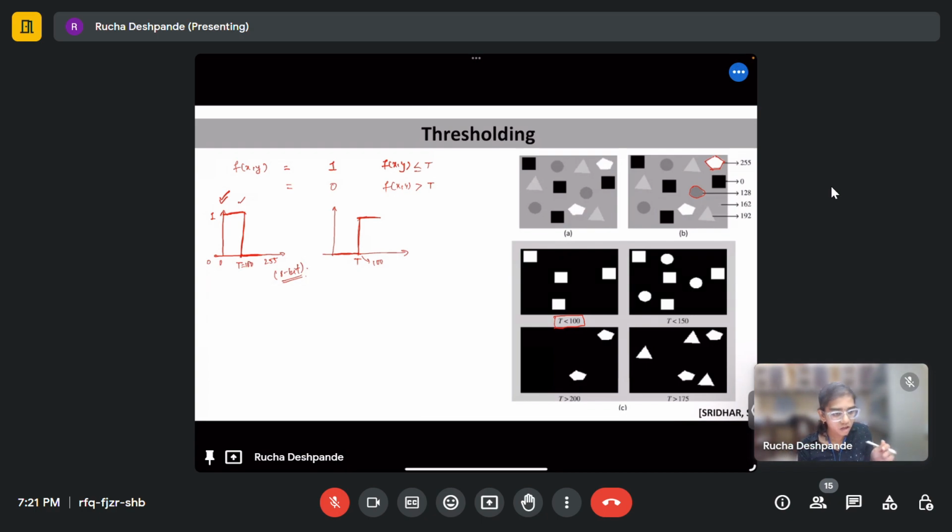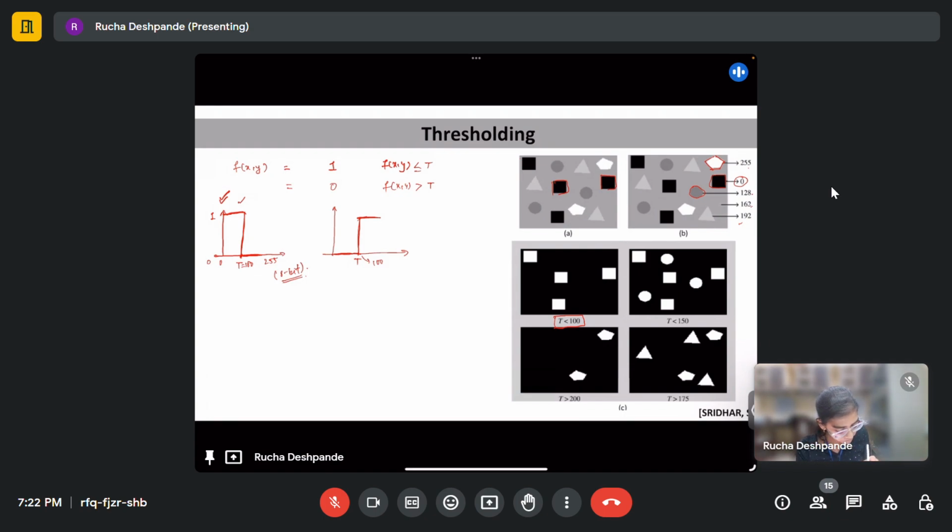Only this dark square is below 100 and everything else is above 100, right? So all the dark squares appear white here and everything else appears dark. This type of thresholding function is applied.